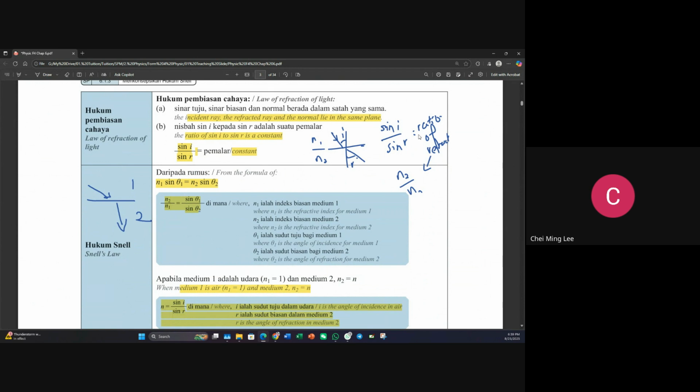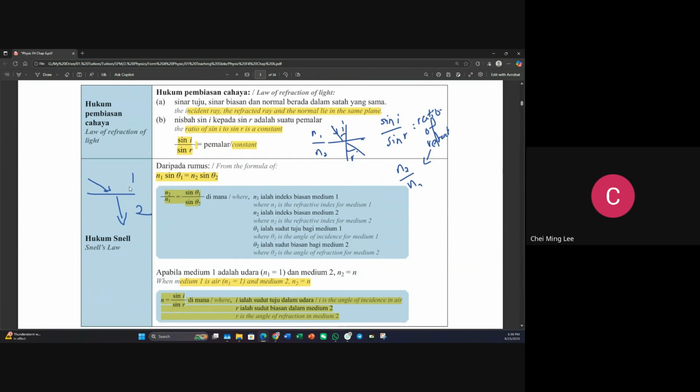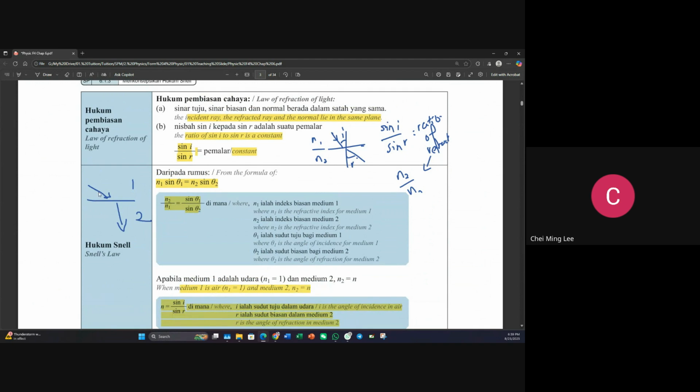So it must be under the same plane, which means only 2 dimension. Okay, so the formula is the ratio of sine i to sine r is constant. So from Snell's law, N is the index of refraction in the first medium.